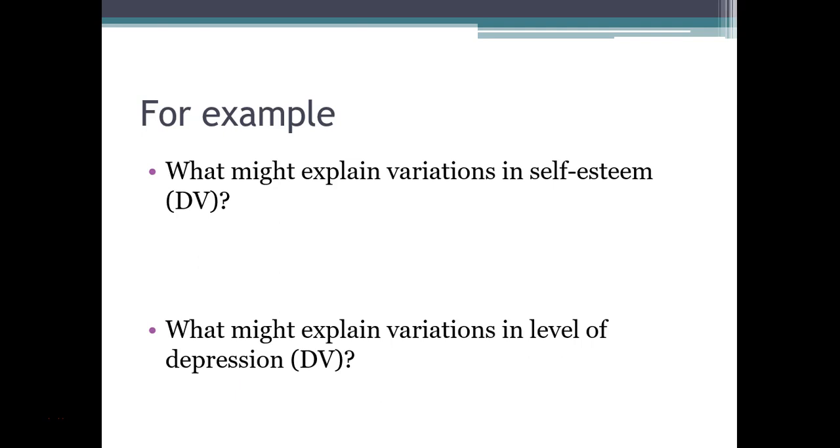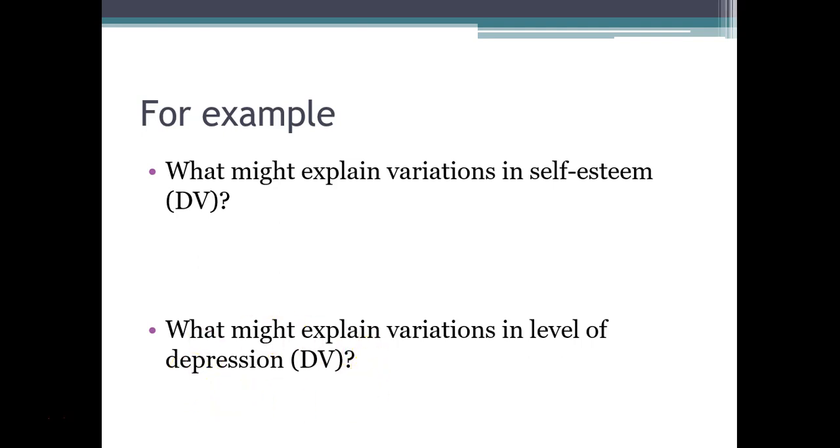We've looked at, let's say, marital status. If you're married or single, does that affect levels of depression, or gender, male versus female, and levels of depression, or student status. Are you a student or not a student? And does that affect level of depression?